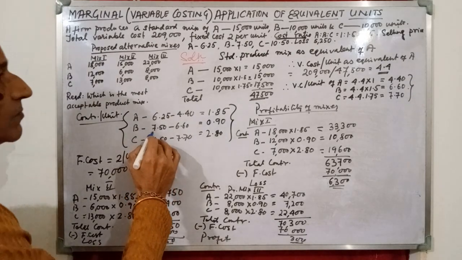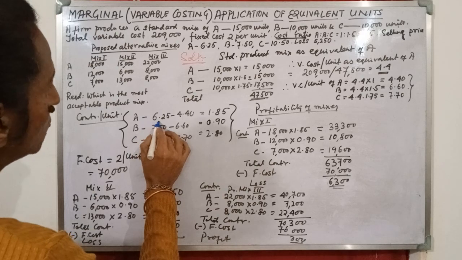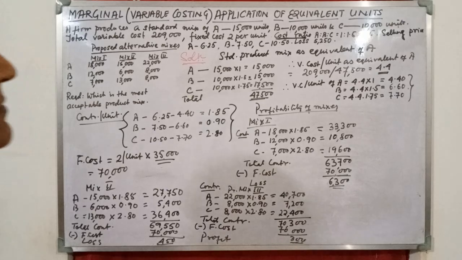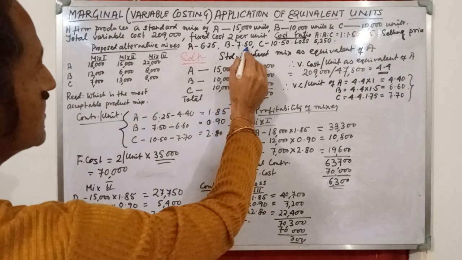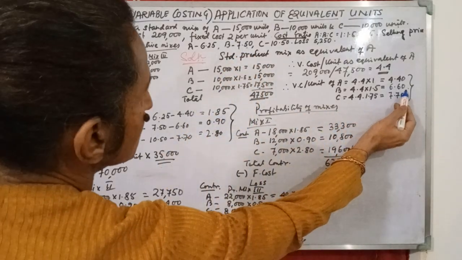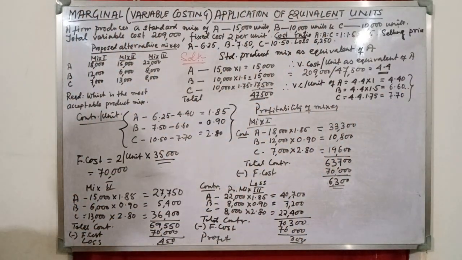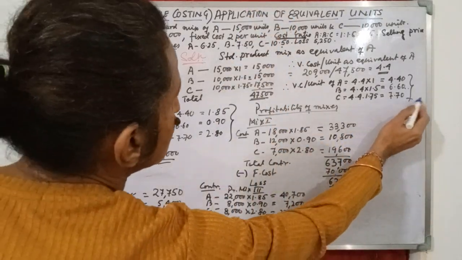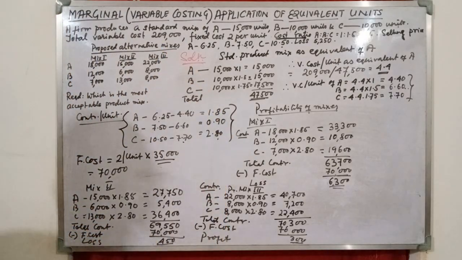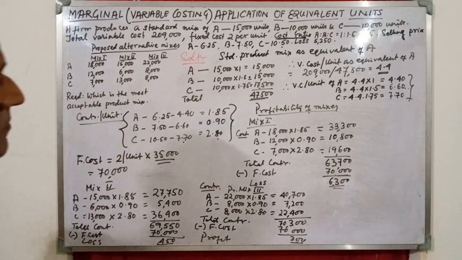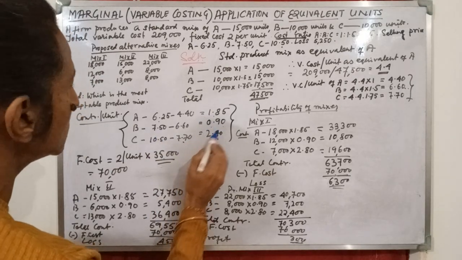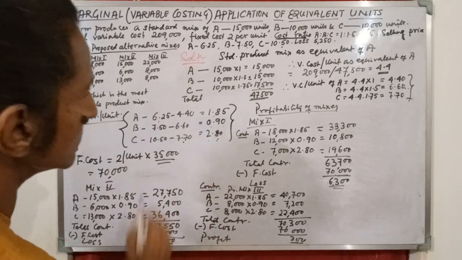Contribution per unit of product A is 6.25 minus 4.40, of product B is 7.50 minus 6.60, and of product C is 10.50 minus 7.70. So we get the contribution of A as 1.85, of B as 0.90 and of C as 2.80.